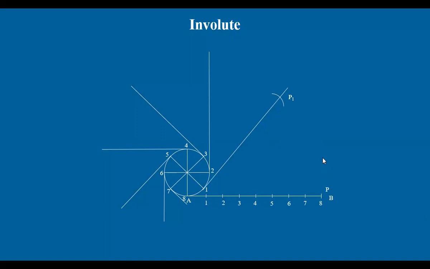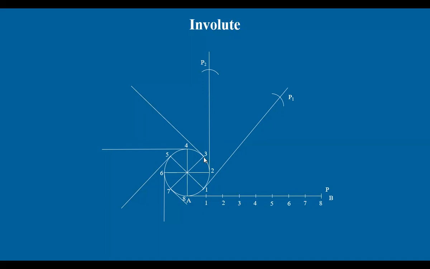Slowly when you are moving, P comes to this position. 2 comes in contact with 2, and you will be left with only 2, 8 length of the thread. So from 2, with 2, 8 as radius, draw an arc and mark it as P2. Similarly, come to 3. 3, 8 is only left.